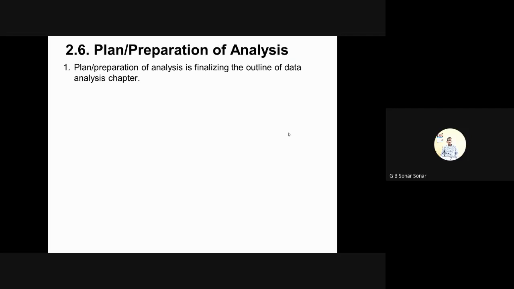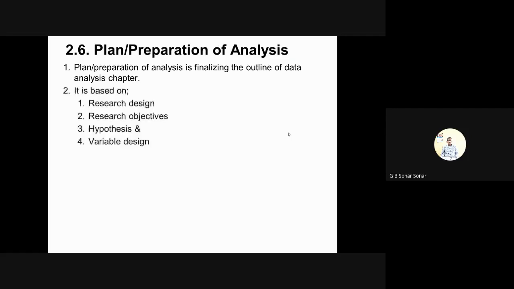This happens because they do not make a plan of analysis. So the plan of analysis is a very important substep of data processing, which the researcher should take care of for doing research scientifically.